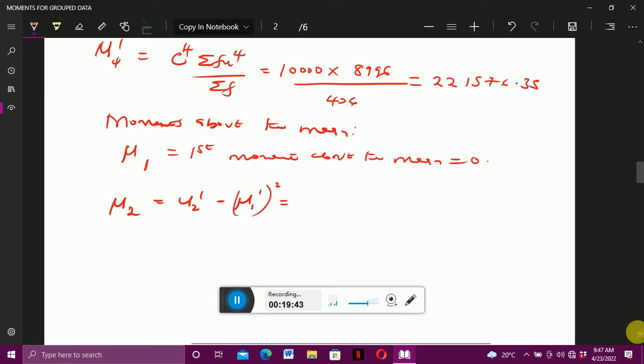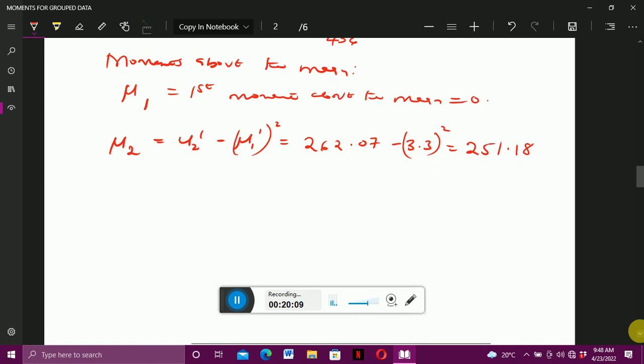We already have these values now. We saw mu2 prime up there is 262.07, minus the first moment about the point 45.5, which is 3.3, and we square it. When we do that, we get 251.18. So that's the second moment about the mean.